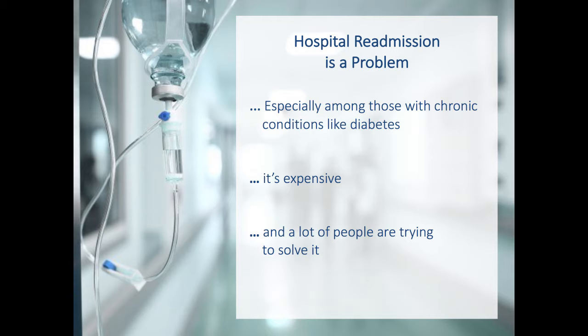Repeat readmissions may also be due to the expected progression of a disease. Hospitals, health plans, CMS, and many consulting firms are all working hard on trying to solve this. But as almost everyone knows, healthcare is hard.